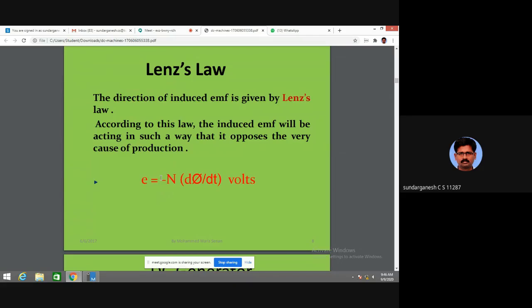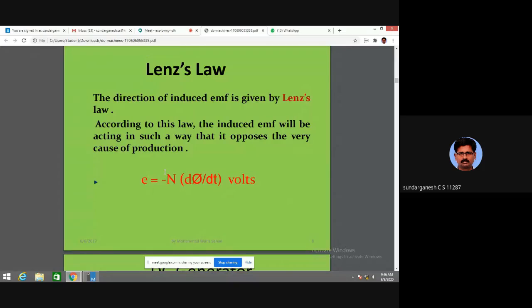Lenz's law indicates two things: one, the direction of the induced EMF; second, the amount of induced EMF produced in a coil. The formula for induced EMF is E equals minus N dφ/dt.